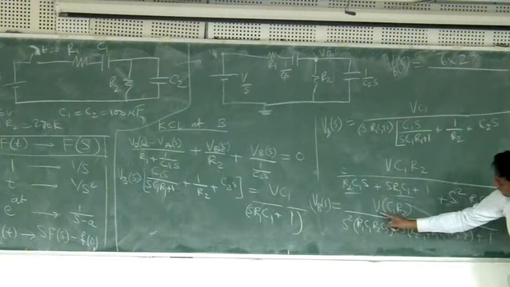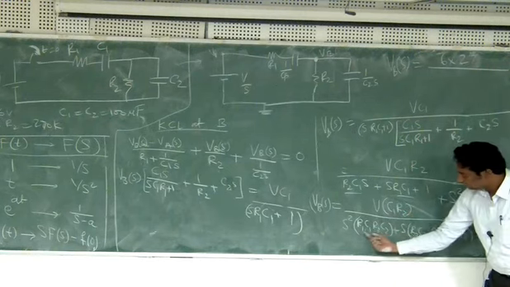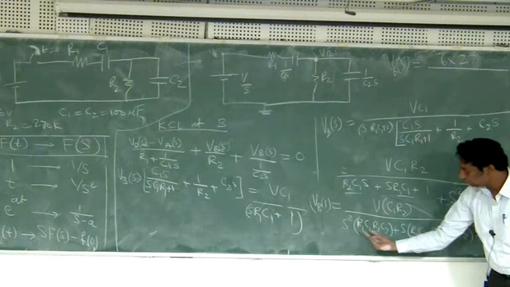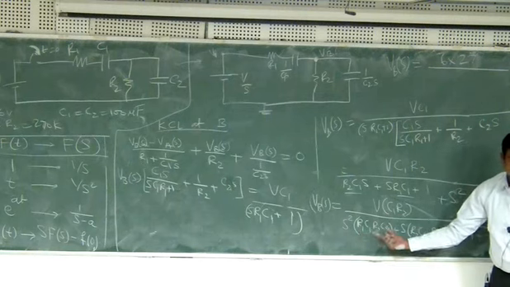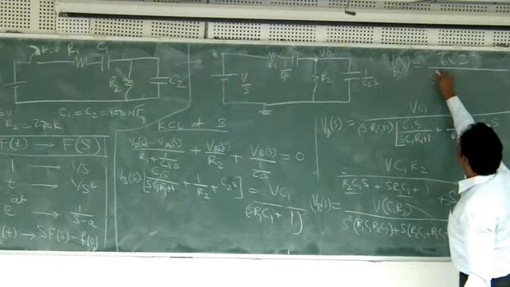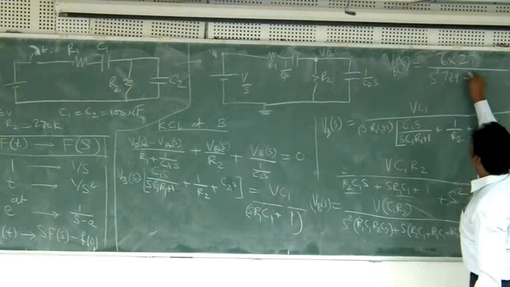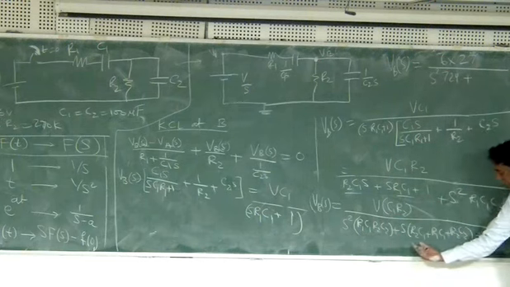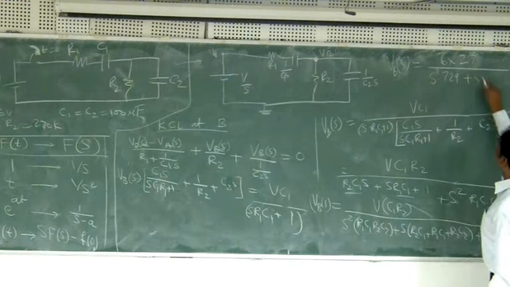So this V is 6, this term is 27. This one is 27 into 27, that is 729. So that is S square into 729 plus, so 27 plus 27 plus 27, that is 81. So S into 81 and then plus 1.